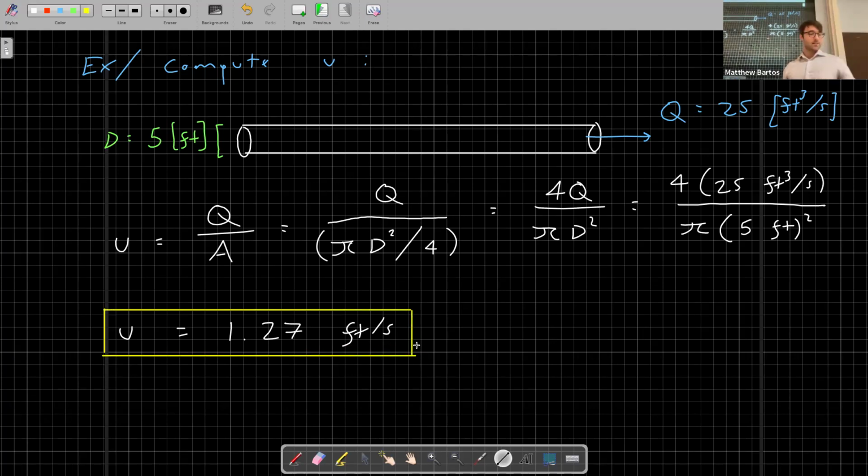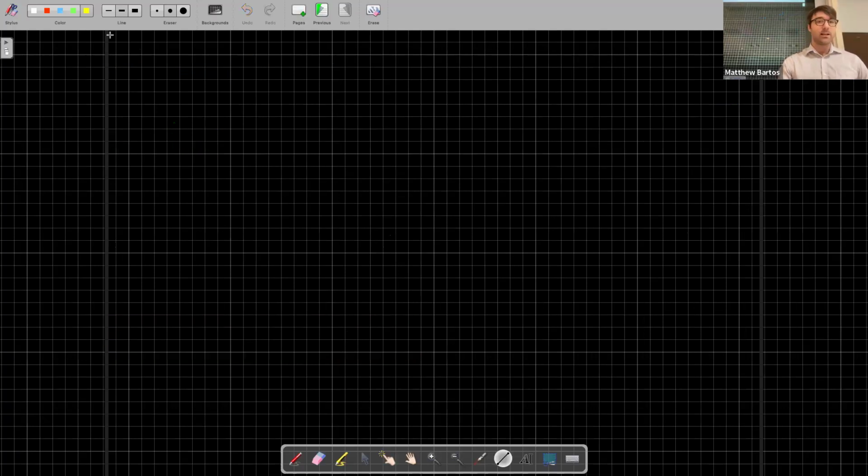Let's do a slightly more complicated example. So let's say instead of a pipe of constant diameter, we have a nozzle that decreases in diameter.